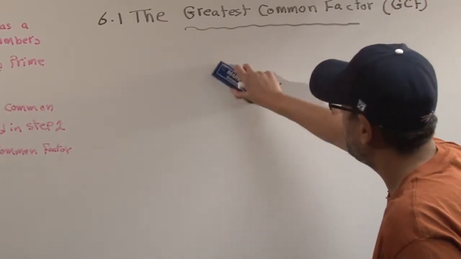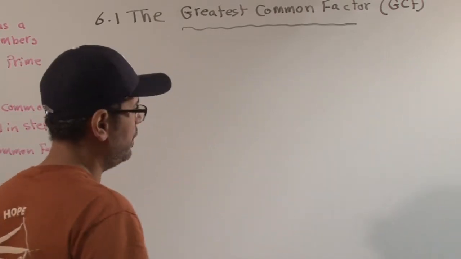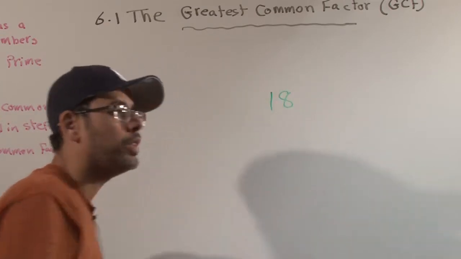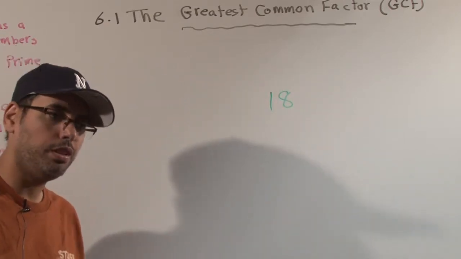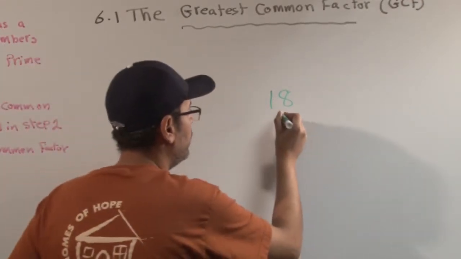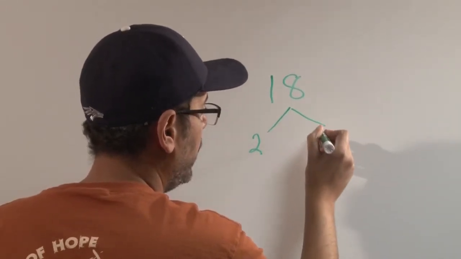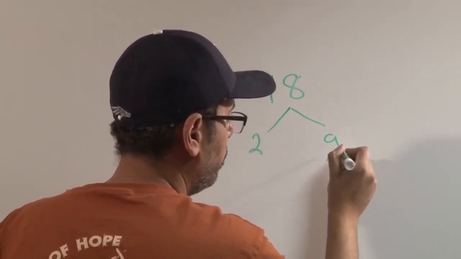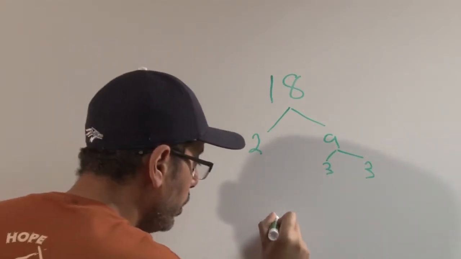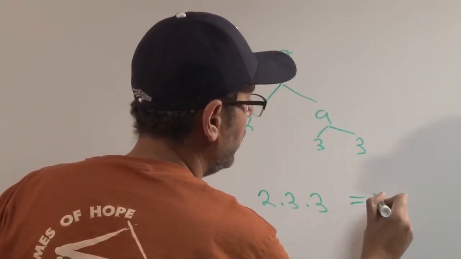What if I want to factor another number, like 18? To factor this number, let's go to the prime numbers that make 18. 2, 9, and 9 would be 3 and 3. So 2, 3, 3. 2 times 3 times 3 equals 18.